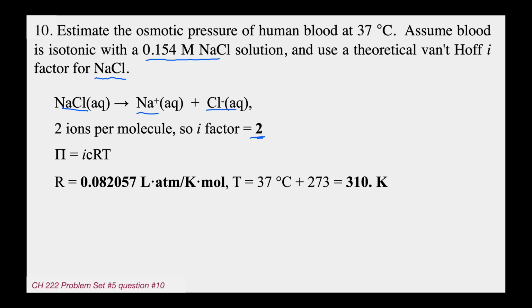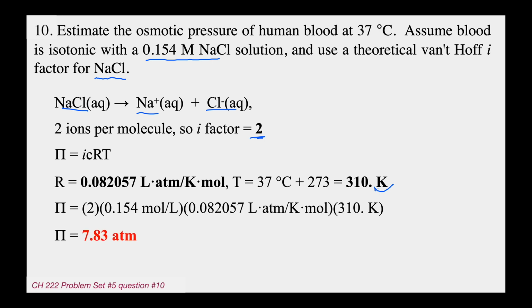We turned the Celsius temperature into Kelvin. I did put a little dot right there because the one spot is significant. We don't want to have it not be counted. Anyway, pi equals iCRT. So i is 2, concentration 0.154, R, the gas R value, 310 Kelvin, 3 sig figs. The i factor is just an absolute value.